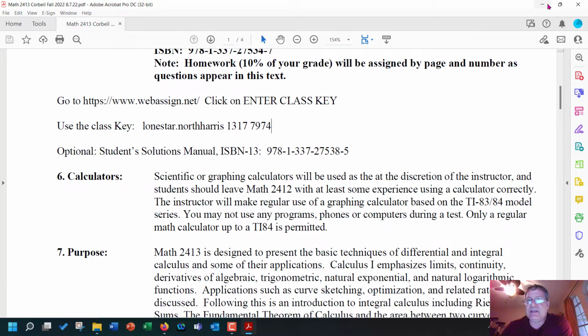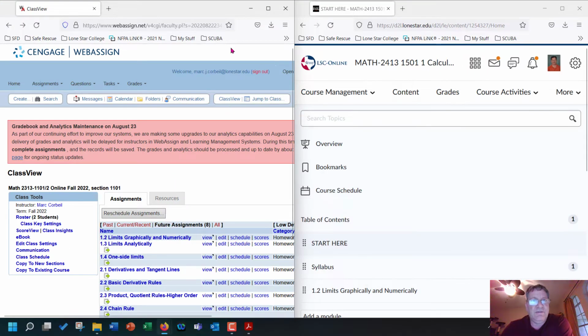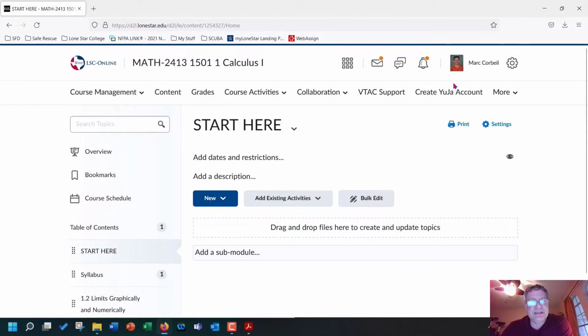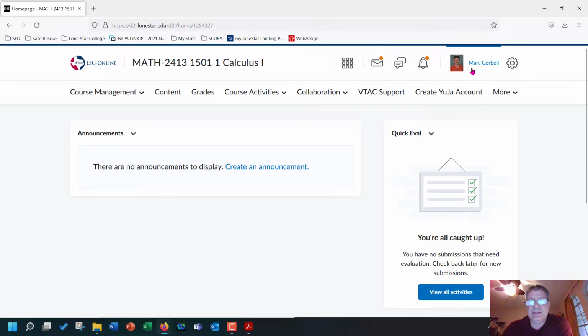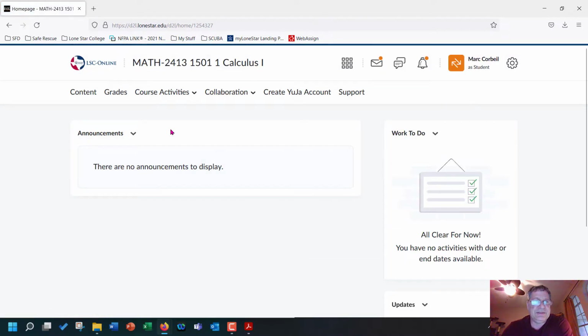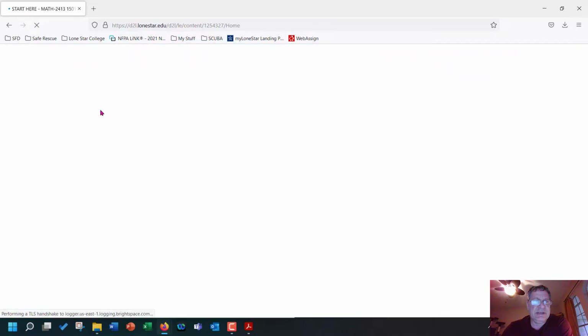So actually, if you look at both, I'm going to move this out of the way here. If you look at D2L, like I said, your D2L looks like this when you get into the course. It's going to look something like this. So you will see that you go to the course content.